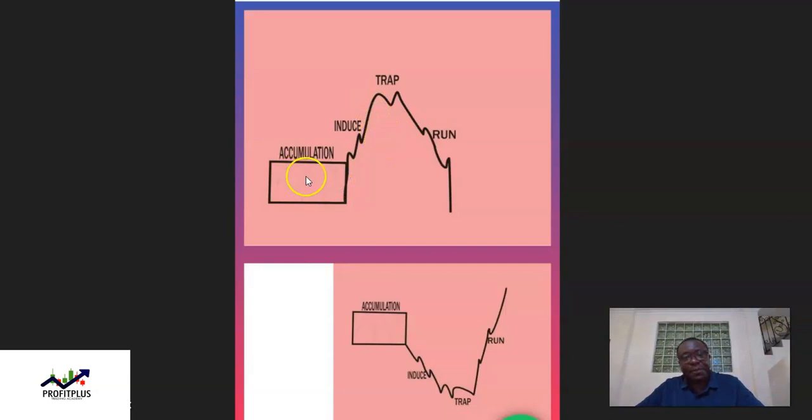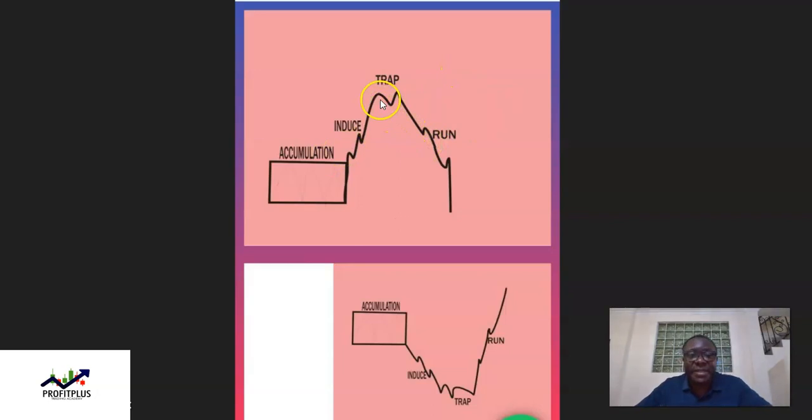The accumulation phase happens in the Asian session. Then the inducement happens at the opening of the London session. The market will be seen to push 3 times up or down. There's a breakout, and this happens maybe between 20 to 50 pips thereabout on your 1 hour time frame.